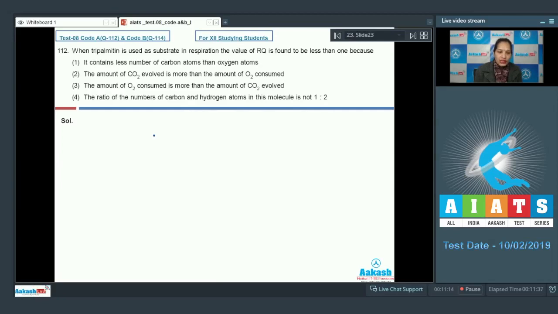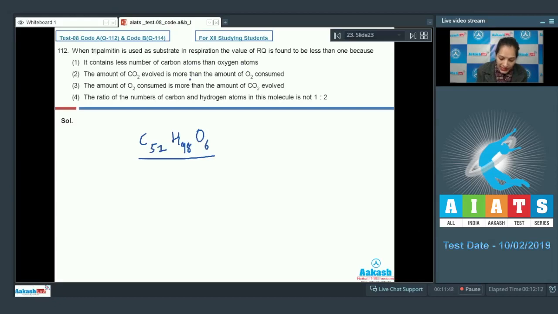First of all, you should know the molecular formula of tripalmitin. It is a fat, and its molecular formula is C51H98O6. Now see the options. It contains less number of carbon atoms than oxygen atoms.